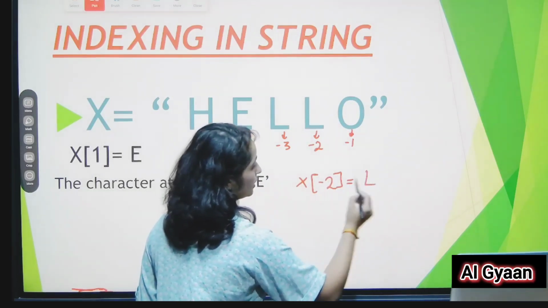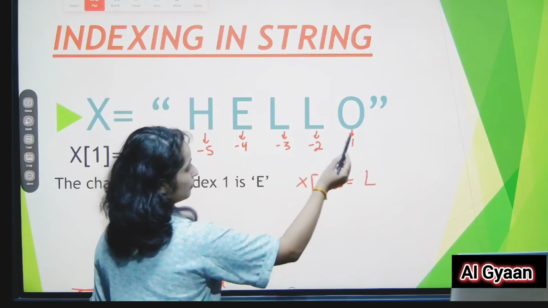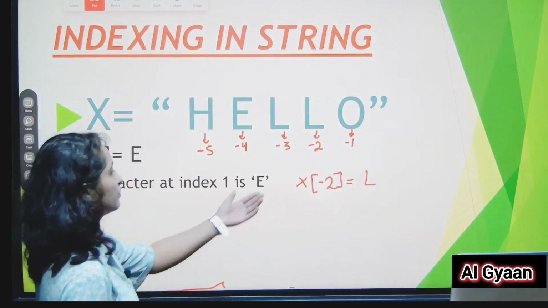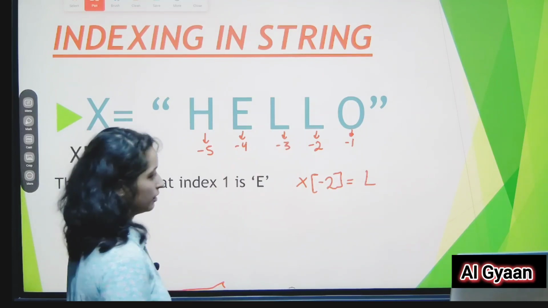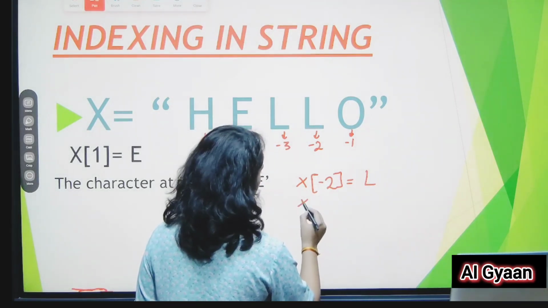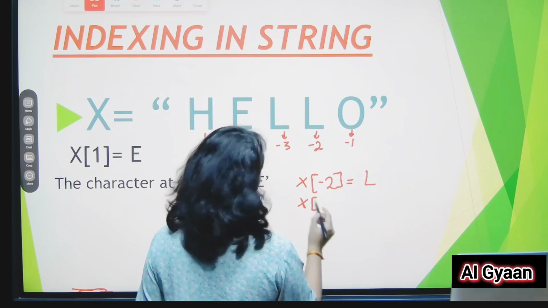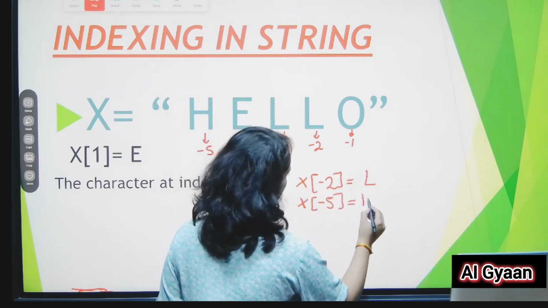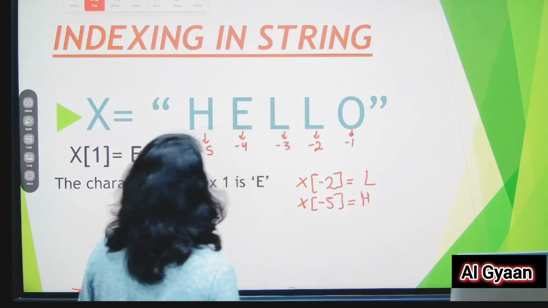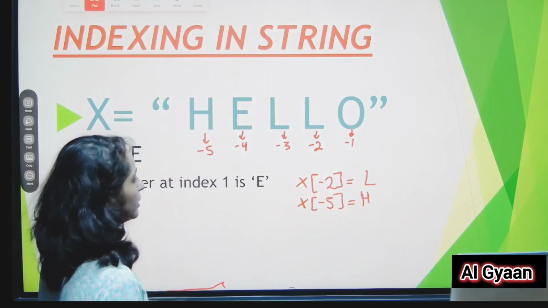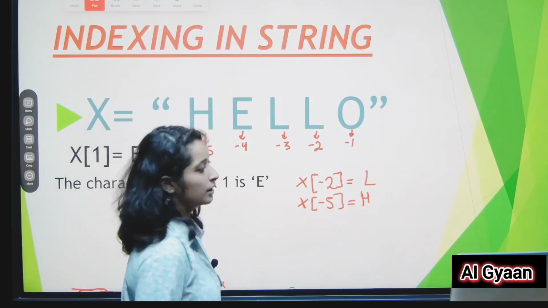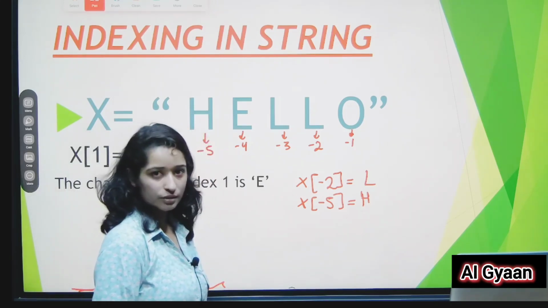The output will be l, because the character at index -2 is l. And if I have to find the index value of say -5, my output will be h, as the character at index -5 is h.